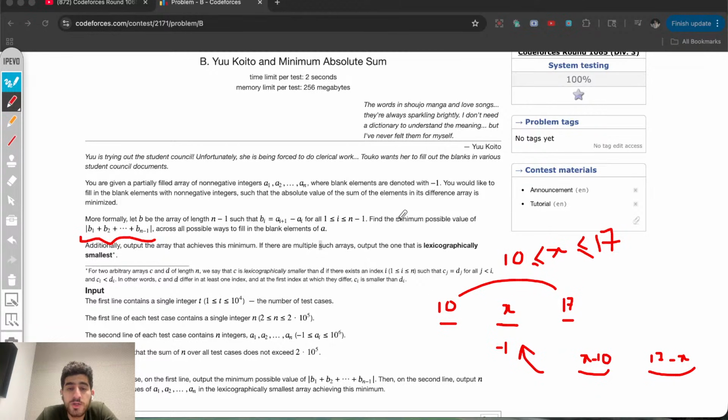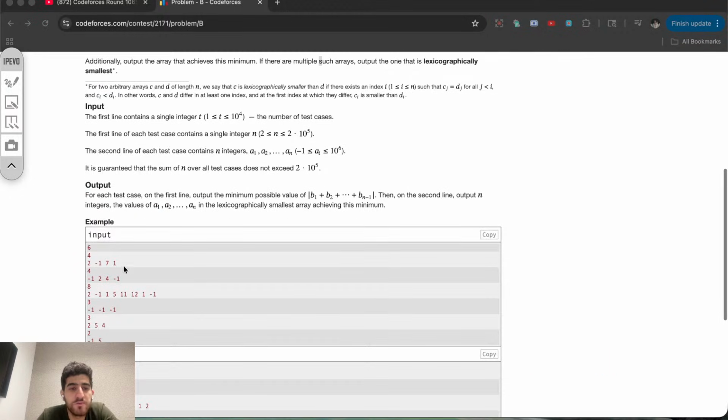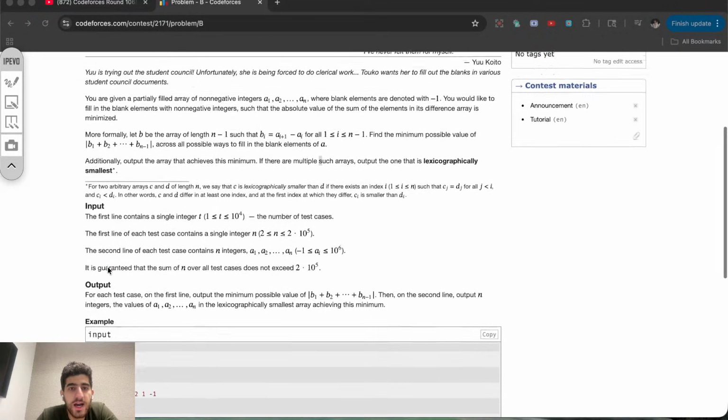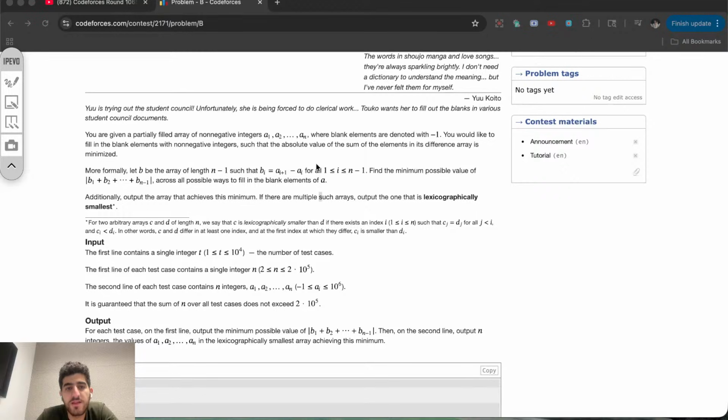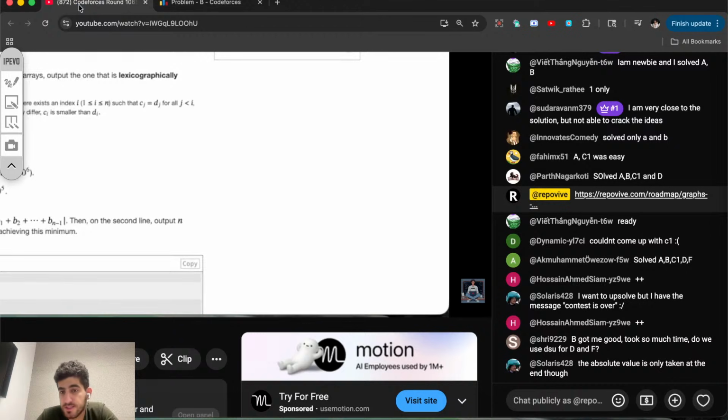So the whole point of this problem is that the elements, the negative ones that you will choose, if you want to minimize the final value of the difference, they should be between the two consecutive elements.